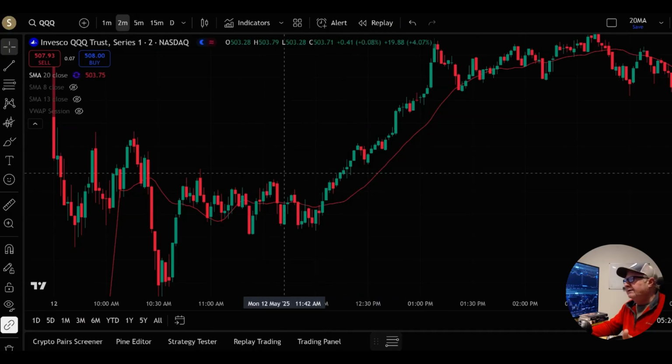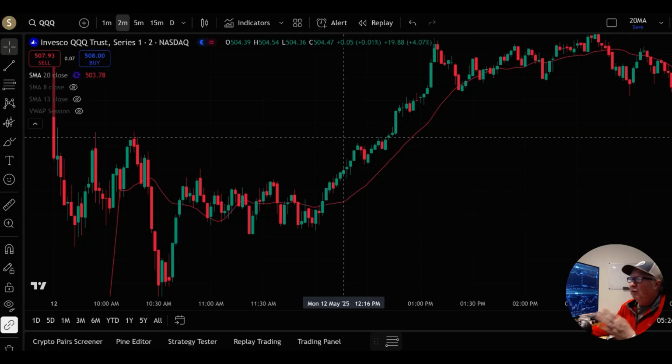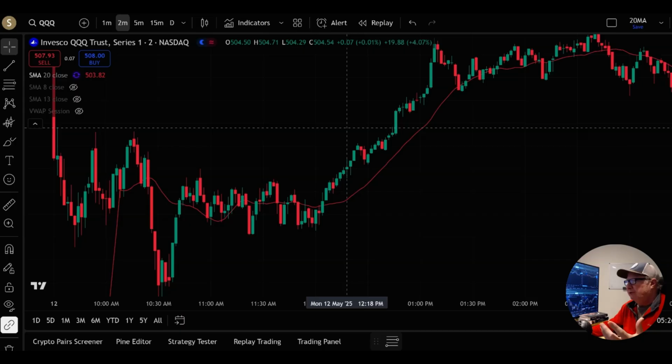You can also use this when you have news that happens during the day and the first part of the day, or the trading in the first part of the day, becomes irrelevant because you've got new news, which is happening more and more now, right? With a new administration and announcements happening all the time.